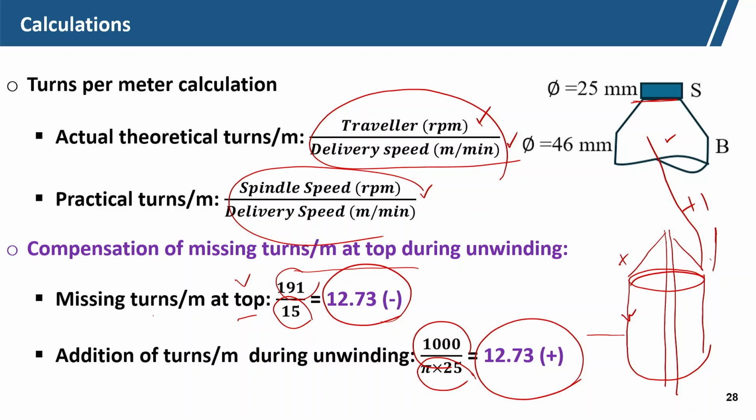Whatever we have missed due to the lower speed of the traveler is compensated while unwinding the same coil. This can be calculated at any diameter and we will see the same amount: whatever we have missed, the same amount is added.